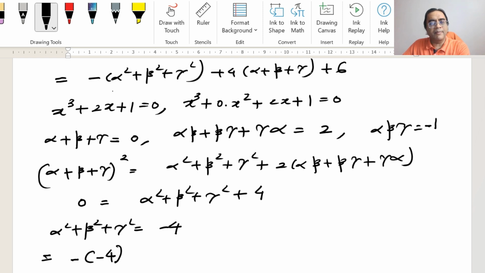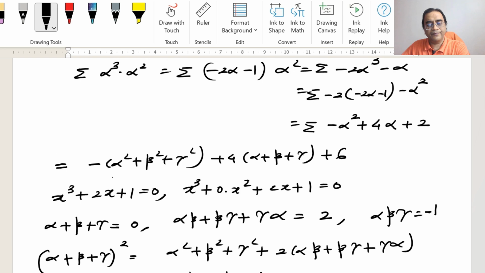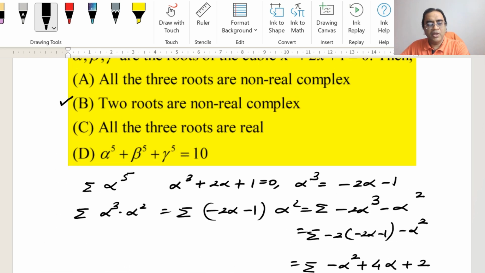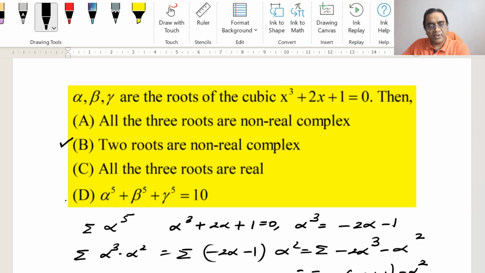Alpha plus beta plus gamma is 0. So 4 times 0. And then we have got plus 6. So 4 plus 6, 10. So option D is also correct. So options B and D.